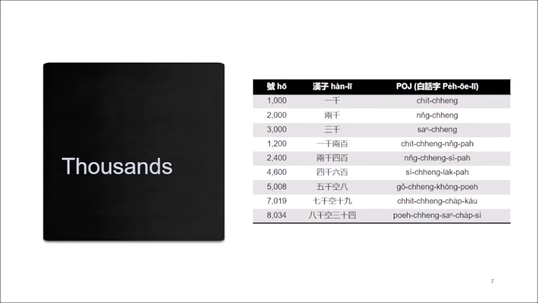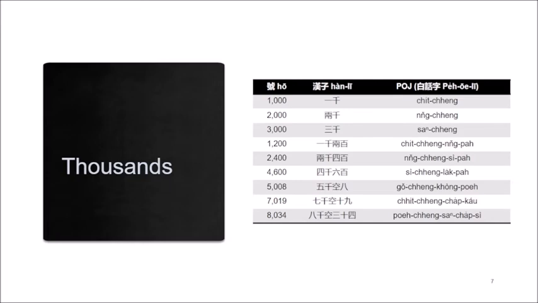Then for 4600 we say si chiang lak pa. But usually we'll hear people say, for 2400, nong chiang si.